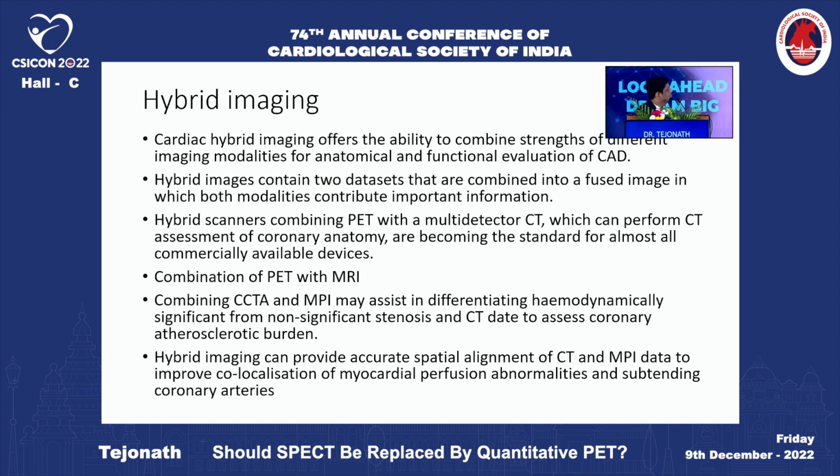It can assess the hemodynamic significance of the vessel narrowing seen on the CTA, and similarly it can help the MPI to assess the hemodynamic significance of the atherosclerotic plaque and its burden.